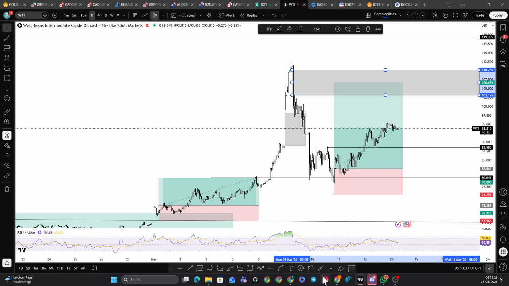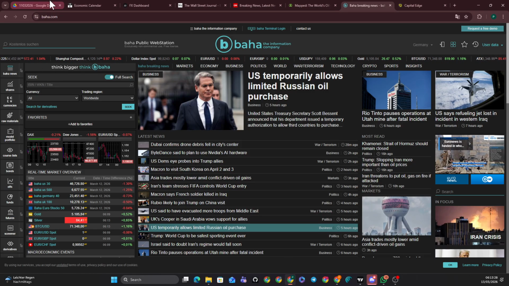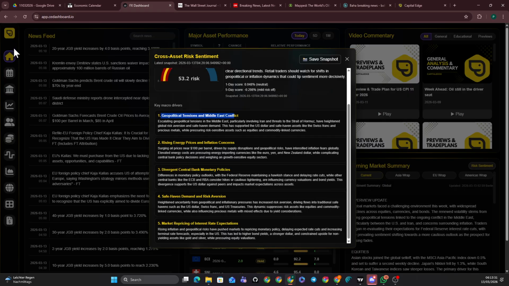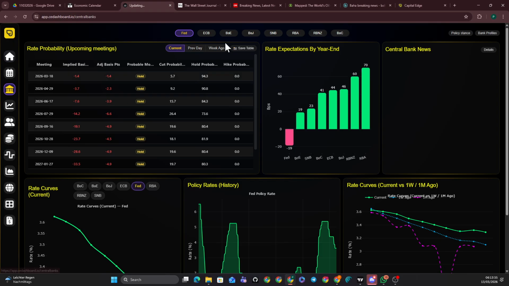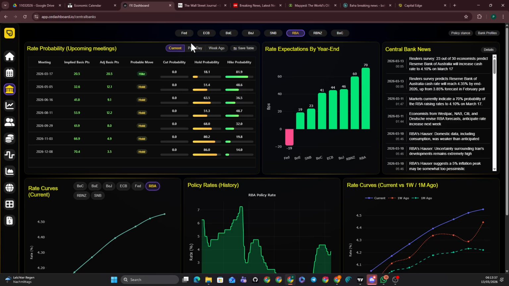So let me show you some interesting points. Here we go. For the RBA, as compared to last week, the interest rate hike probability for the March 17th interest rate decision was 16.1%.